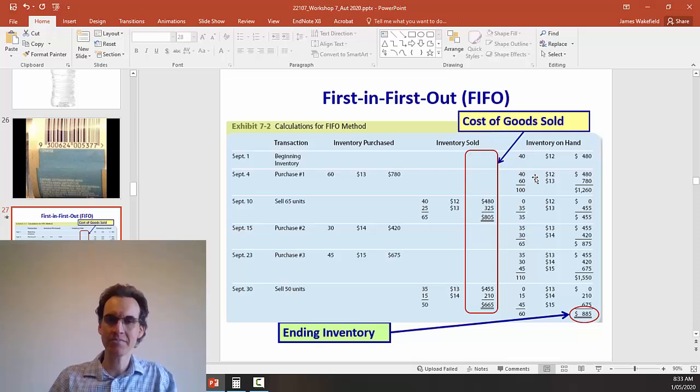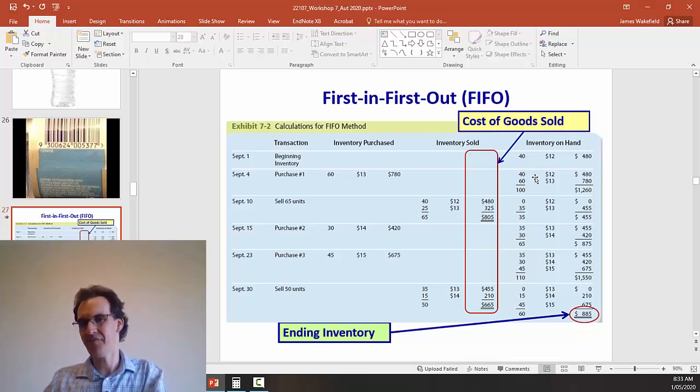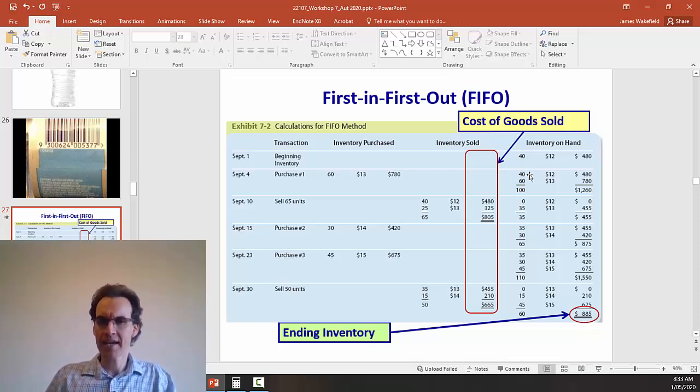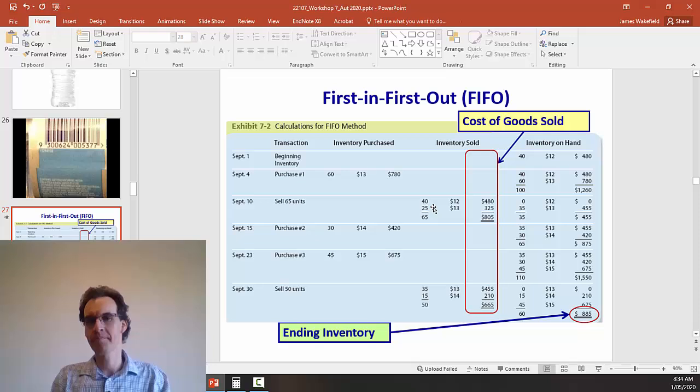Well, here we made the assumption that first in is the first out. So that means at the beginning of the period, we have 40 units of inventory on hand. That costs us $12 each. So when we're selling 65, we therefore assume that the first lot in, 40 at 12, is completely sold.